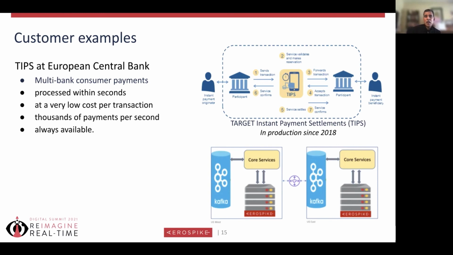And these are end-to-end transactions, which result in multiple reads and writes within Aerospike, so the actual throughput at the Aerospike system level is much greater than that. And of course, the system has to be always available. This solution has been in place since 2018.